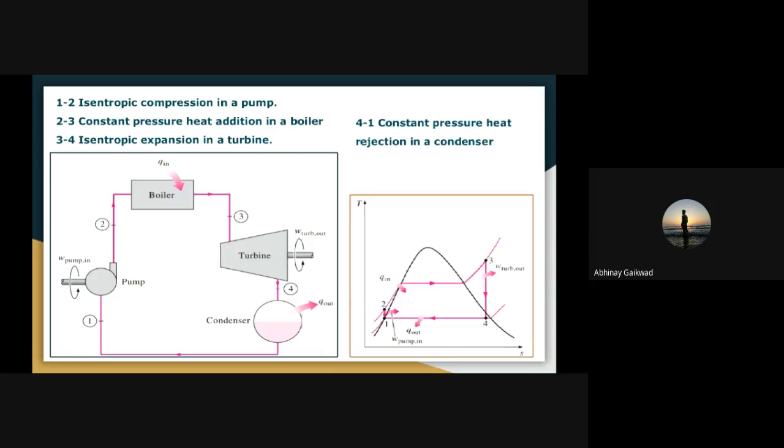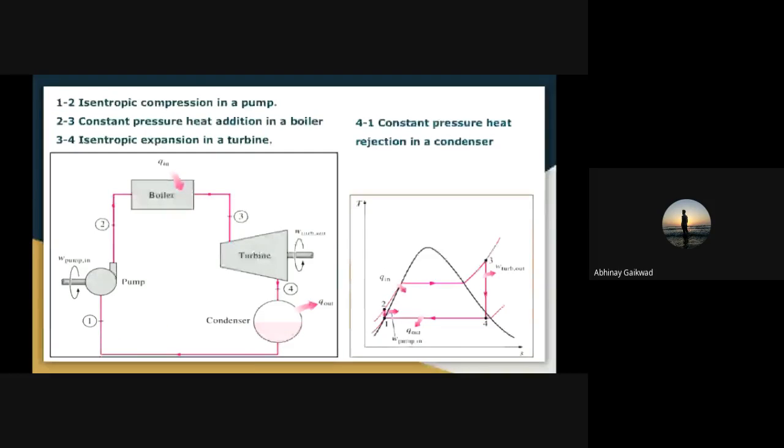So the last process, 4 to 1, is at constant pressure. Condensation means heat rejection in the condenser. Here heat rejection occurs and we get only saturated liquid, which returns to the pump at state 1.